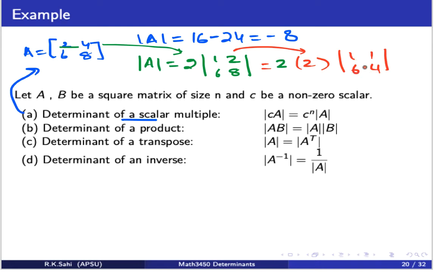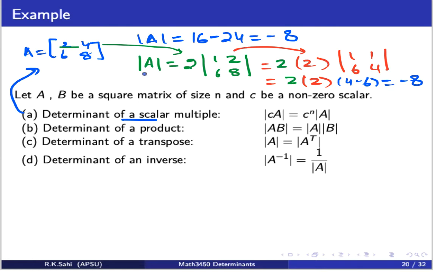Now if you want to take a column out, we can do that also; what is common here is again 2. But at this point, I would just like to apply the determinant. It is 4 minus 6. So we have 2, then this 2 coming from the second column, and I simply apply the determinant, which is 4 minus 6, and the answer I still get is negative 8.